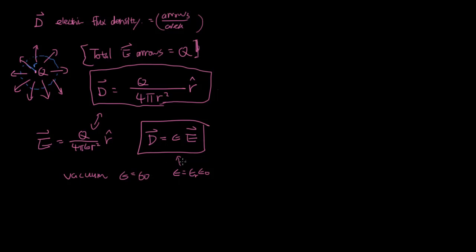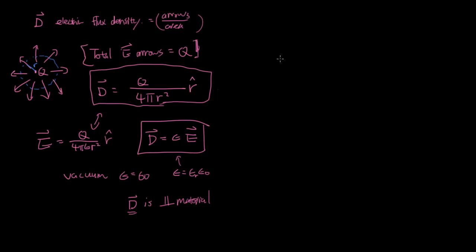One thing to note by looking at this expression is that D is material independent, because there's no epsilon in the description. The density of arrows per area is the density of arrows. That can be quite handy if you're going from one material to another. Since the electric flux density doesn't change between different materials, you can use that as a way to set up your boundary conditions and see what the E field is when you're going from one material to the next.